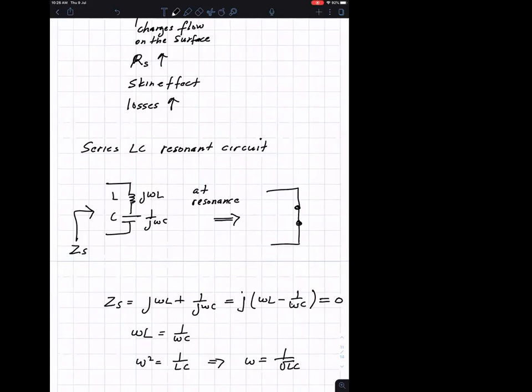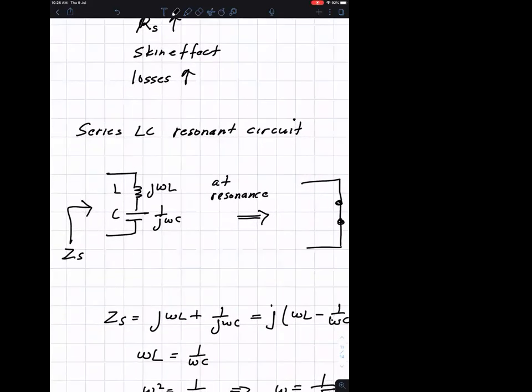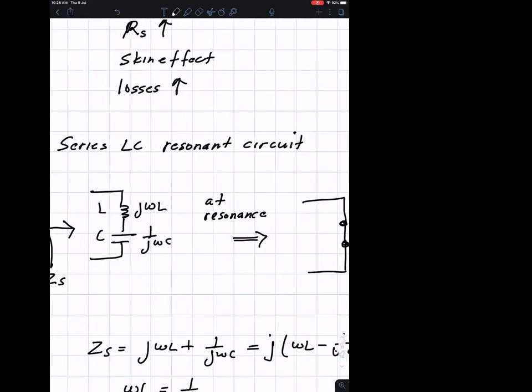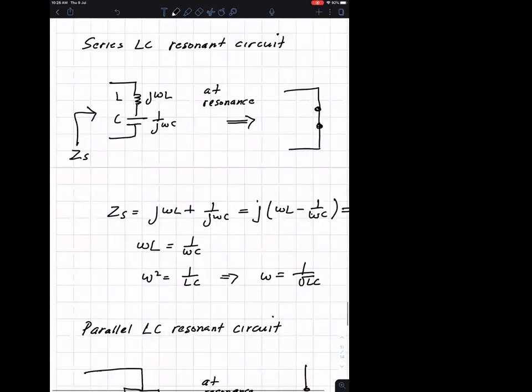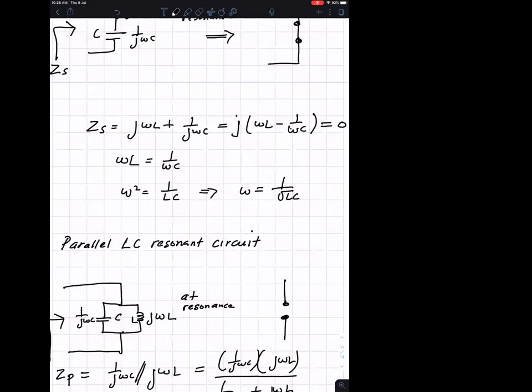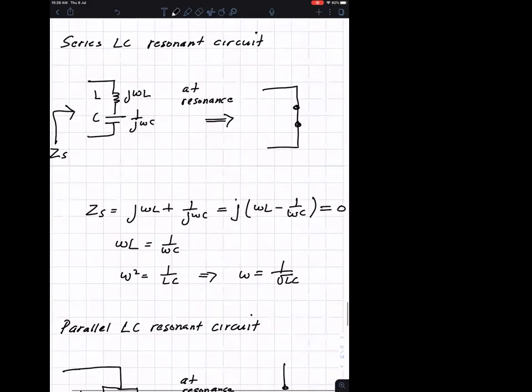One thing is if you want to create a resonant circuit, like the series resonant circuit we looked at, at high frequency the circuit at a certain frequency, called the resonant frequency, can be shorted. So it can be used for some beneficial purpose. Maybe shorting this to ground. You want to ground something, maybe you want to ground the transistor.